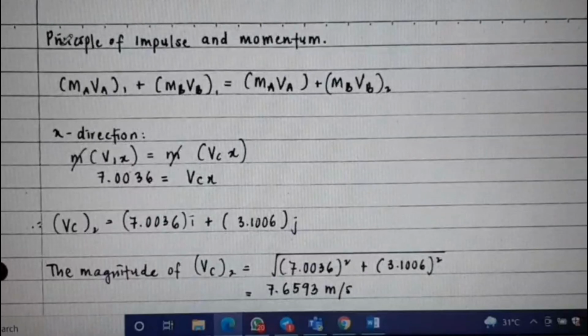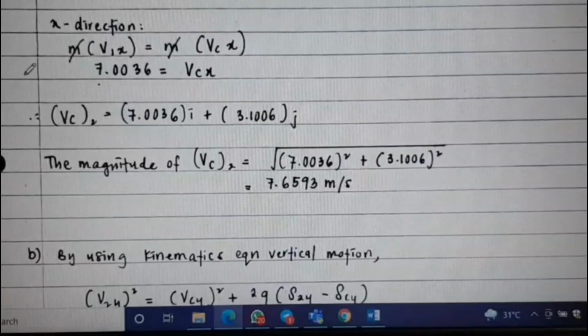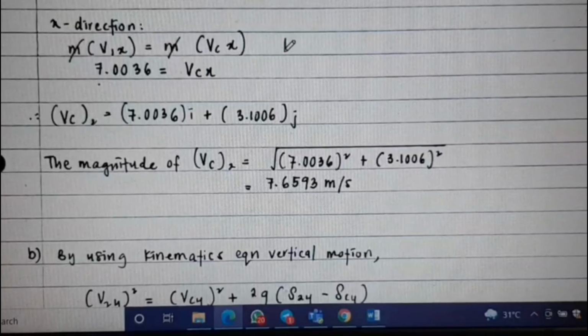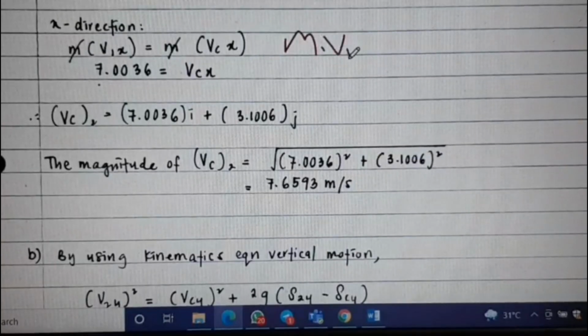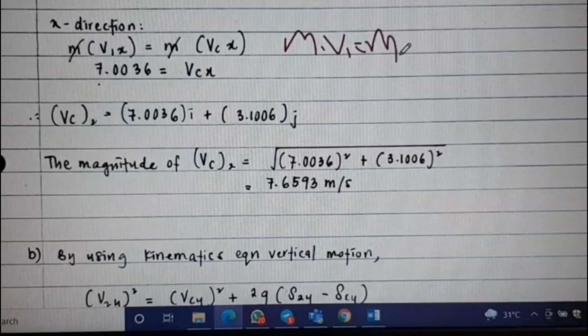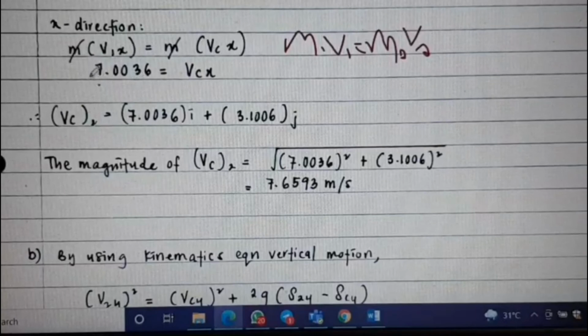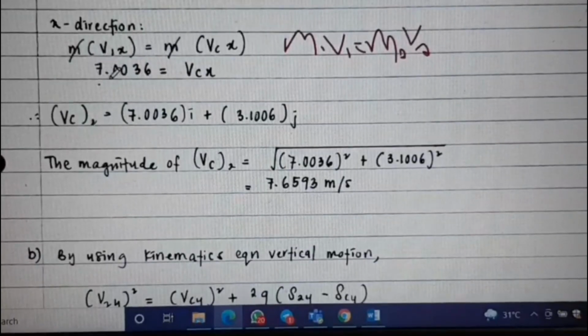By using the principle of impulse and momentum, which is ma va1 plus mb vb1 equals ma va2 plus mb vb2. Next, we use the conservation of momentum formula, m1 v1 equals m2 v2. We substitute the values. We got v1 as 7.0036 equals vcx.